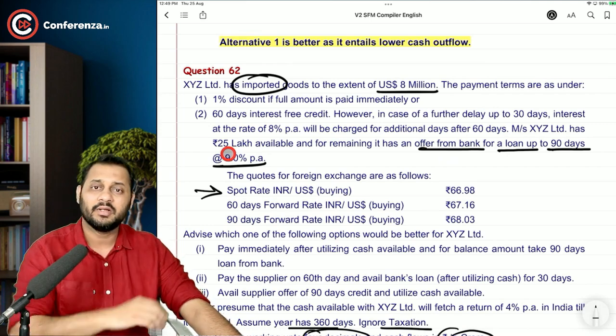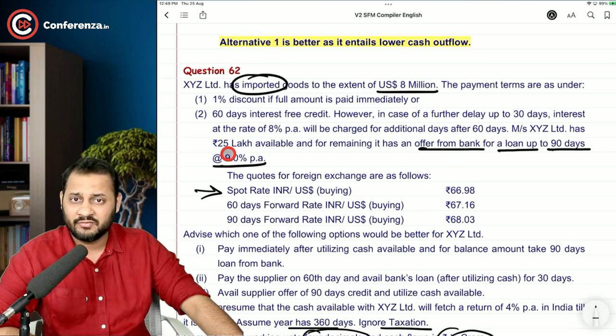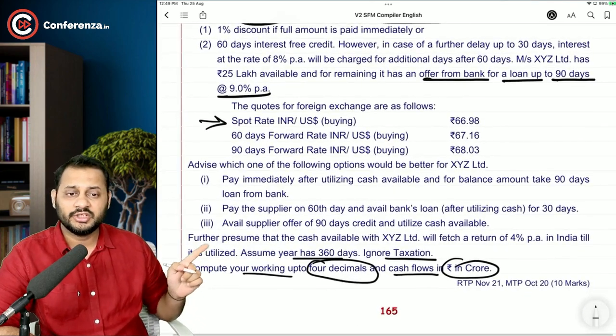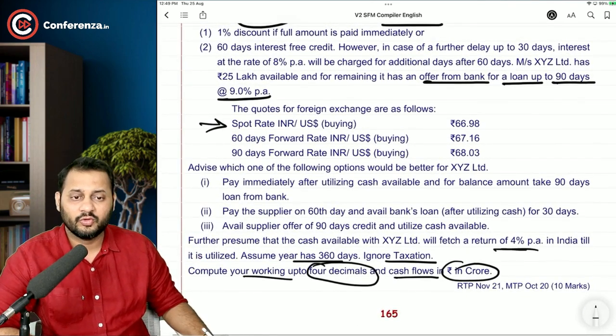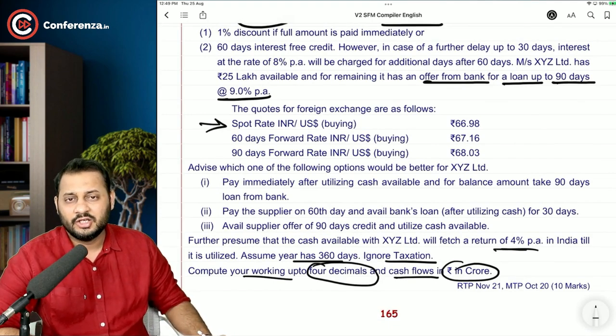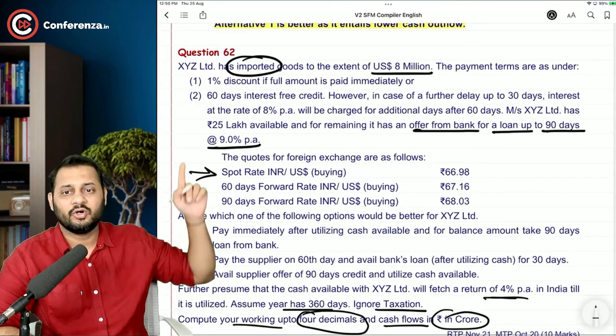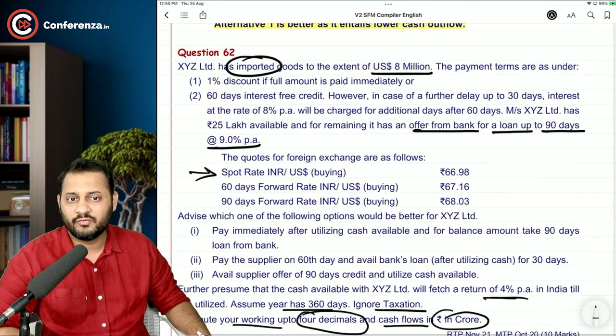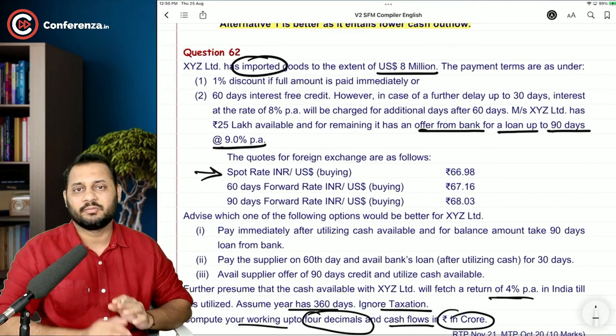But what will happen if we use that 25 lakh rupees in this transaction? We will lose the interest of 4% per annum on that. So practically speaking, this is a question where you have to take 4% interest on the first 25 lakhs, and on the balance amount of loan, you will take 9% per annum.